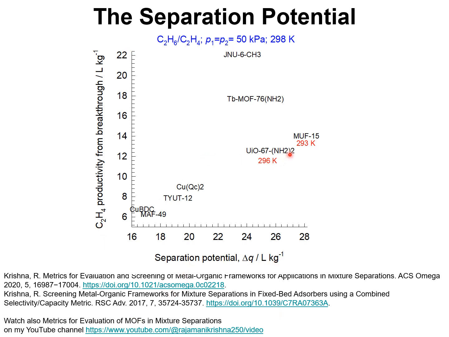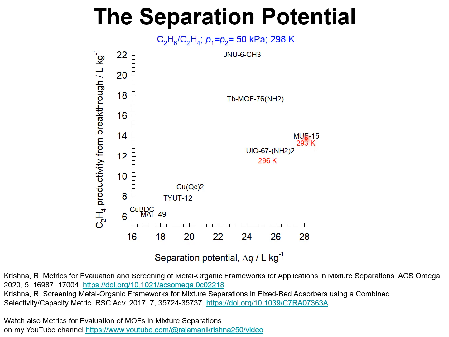There are some deviations for MOF15 and UiO67NH2 twice, because the MOF15 breakthrough experiments were not actually for 50-50 mixtures, but for mixtures containing an inert gas, and the experiments were conducted at 293 Kelvin.